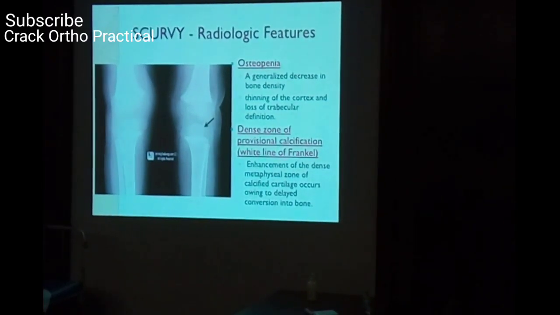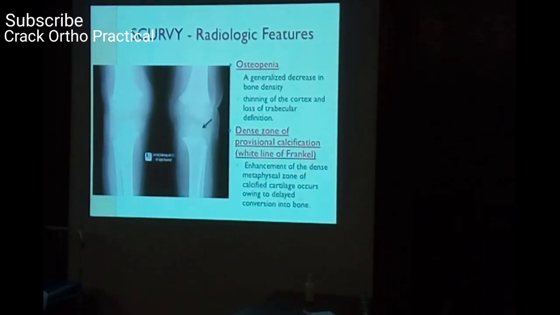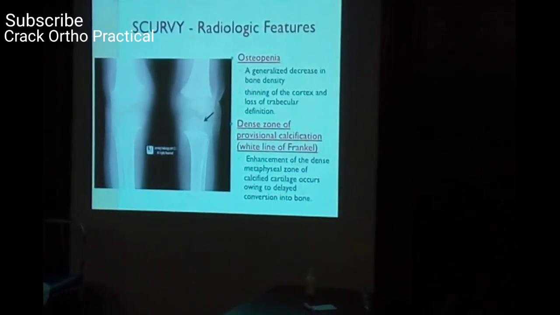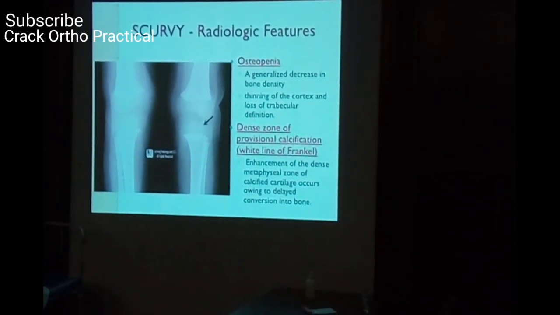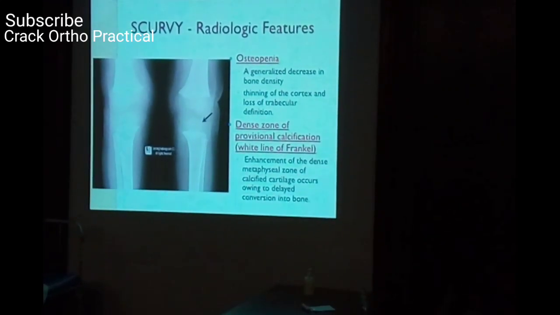This is scurvy. So scurvy, what are the features? As everybody said, there is a generalized decrease in the bone density of the metaphyseal zone, calcified cartilage occurring due to delayed conversion of bone. Can you show me where it is?